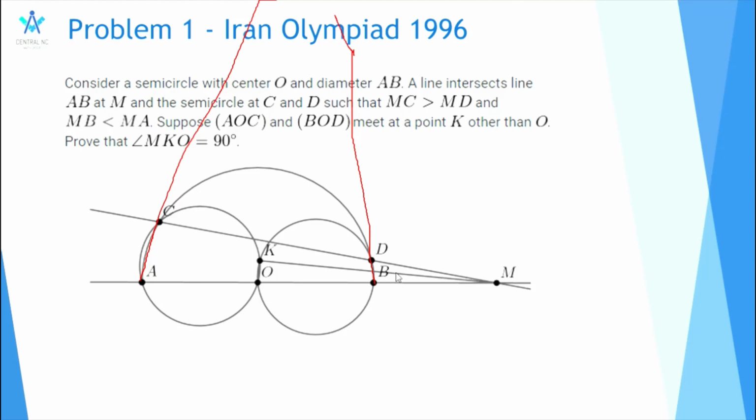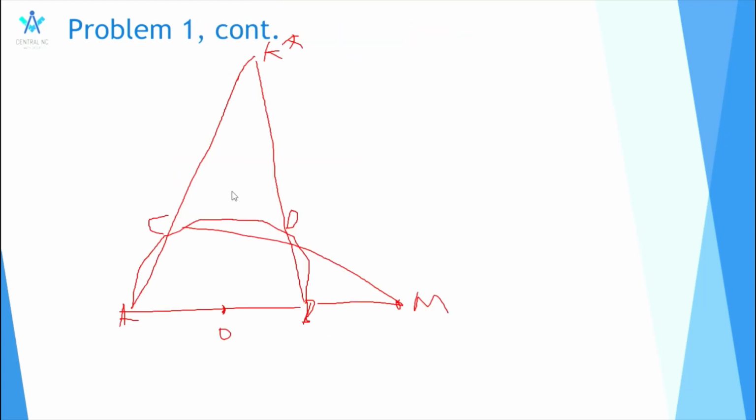Well, M is actually going to be a point on the circumcircle of OCD. In particular, O, C, D, and M prime are concyclic. But C and D are fixed, and so is O. Let's draw M prime over here. So we know OCDM prime is a circle.